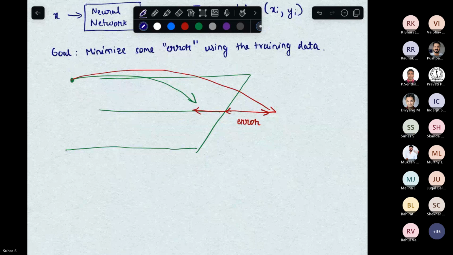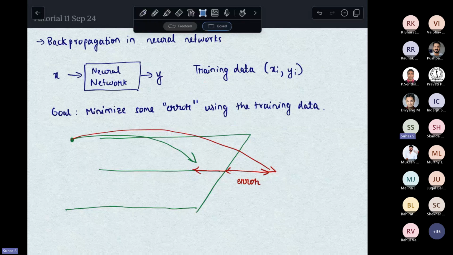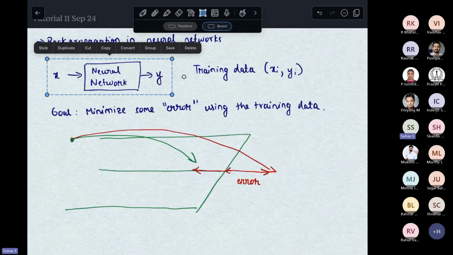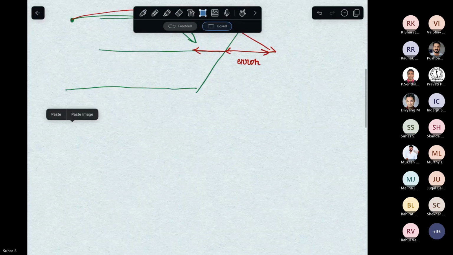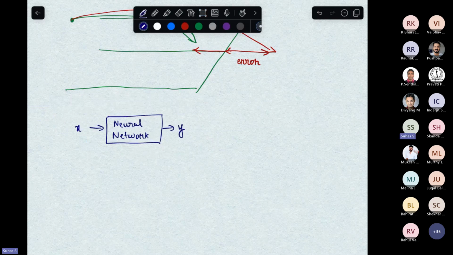So what are the different phases that a neural network has? A neural network is typically accompanied by two operations. One is the forward pass that takes input to output.